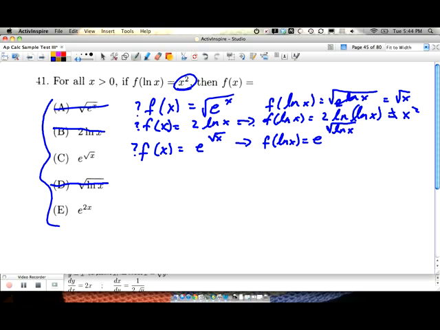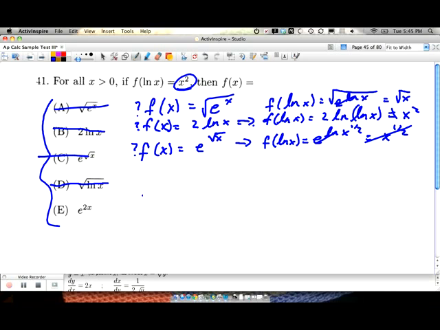So we can take this square root and just make it a 1/2 power. Well, then that would mean the e and the natural log reduce, and we just have x to the 1/2. That's not what we want, so it's not c.